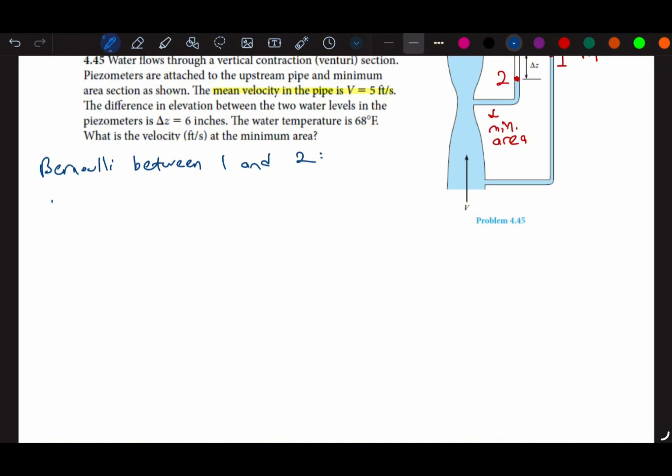So the Bernoulli equation is P1 plus gamma Z1 plus rho V1 square over 2, equal to P2, pressure, plus specific weight times the elevation, plus density times velocity square over 2.